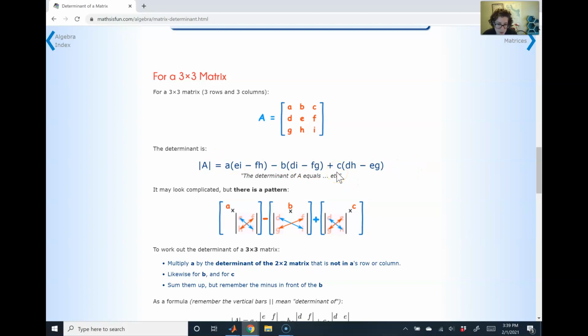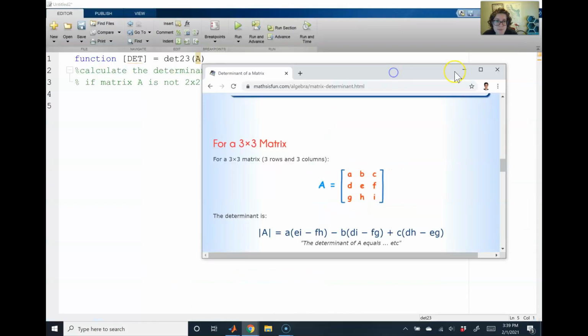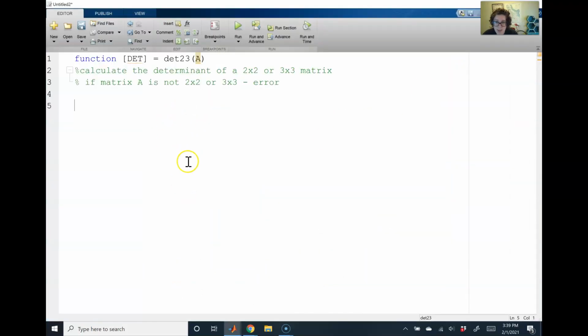If you don't know what the determinant is, that's okay. We're basically going to be plugging and chugging into this equation. Once again, there are multiple ways to do this. If I have an error like this for my input, I typically like to put that at the very beginning of my code.